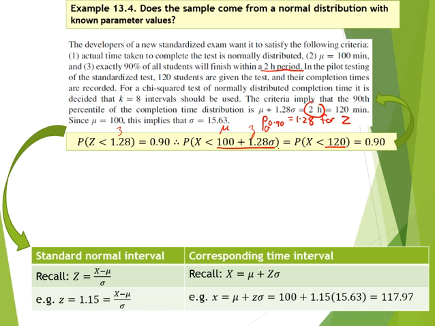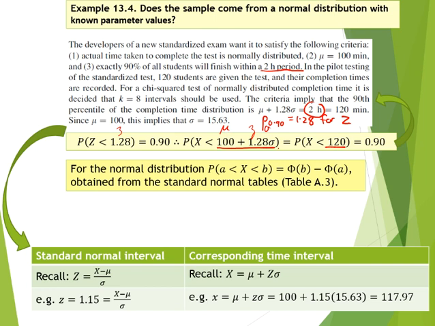Also remember that for the normal distribution, the probability that X is between A and B is Phi of the standardized B minus Phi of the standardized A. Standardized B and standardized A you get from the standard normal distribution.